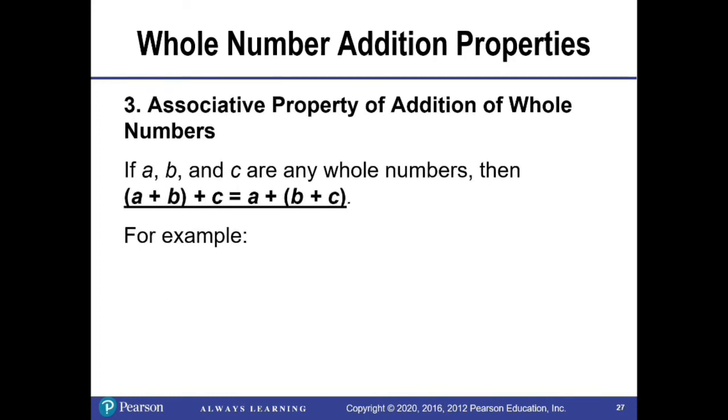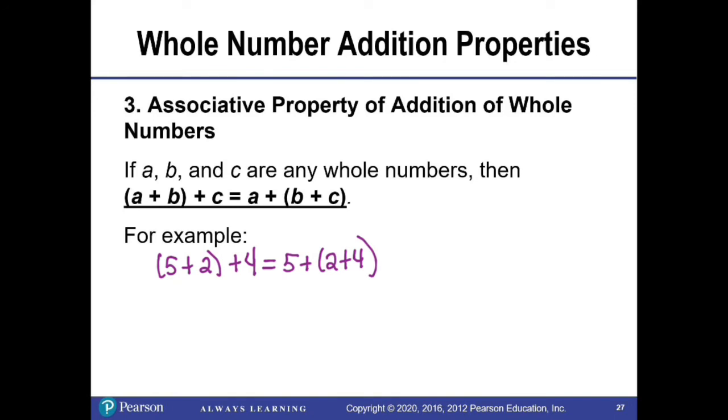The next property is the associative property. We've already talked a little bit about the associative property. The associative property changes the grouping, or think about who's associated with each other. For instance, in this example, on the left side, 5 plus 2 are grouped together, and on the right side, 2 plus 4 are grouped together.